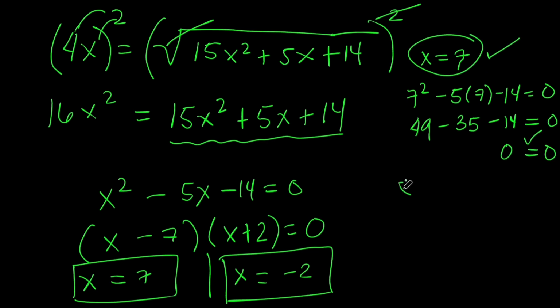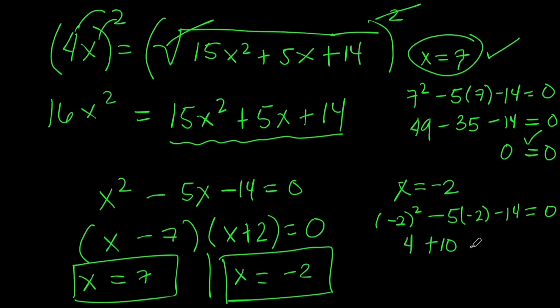How about x equals negative 2? When you substitute negative 2 into x squared minus 5x minus 14 equals 0, it must be 0, right? Negative 2 squared is 4. Negative 5 times negative 2 is positive 10.